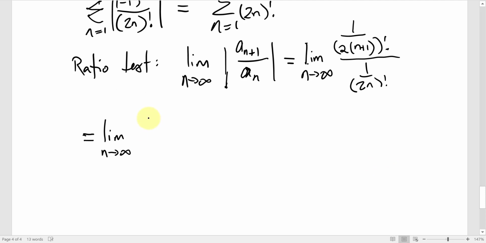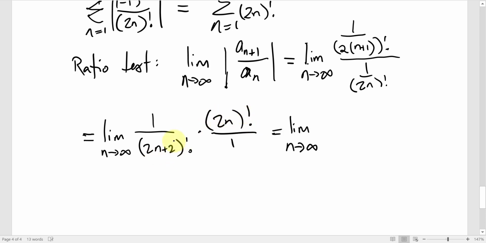Maybe I'll just write it this way: 1 over (2n plus 2) factorial times, when you flip this fraction, (2n) factorial on the top. 2n plus 2 is bigger than 2n. So this is the one where you start subtracting 1 and then 1 more and then 1 more to look for something to cancel.